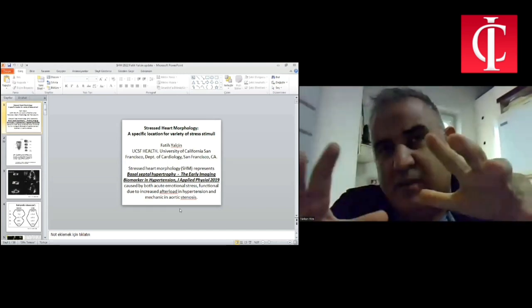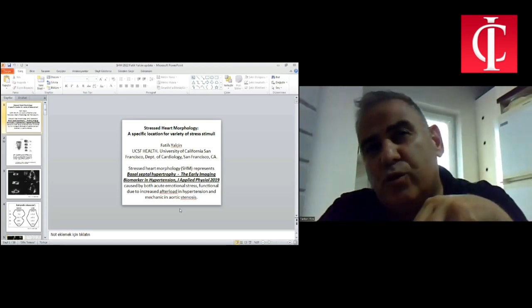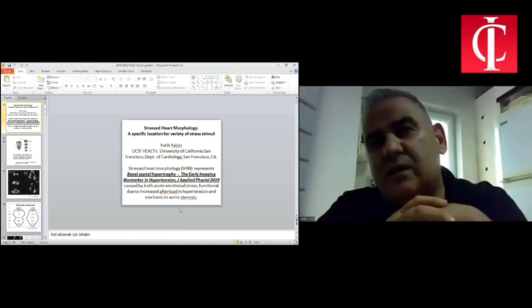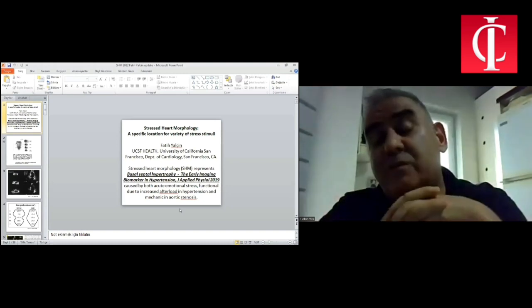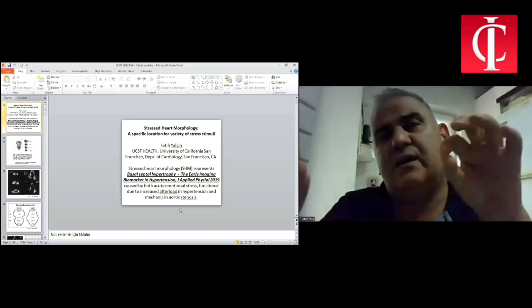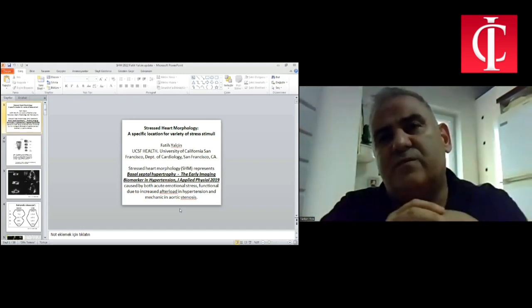Now we believe that in human beings, long-time neurohumoral elevations, even in very healthy individuals, could be very dangerous. In MRI, in athletes, they found fibrosis, local fibrosis.